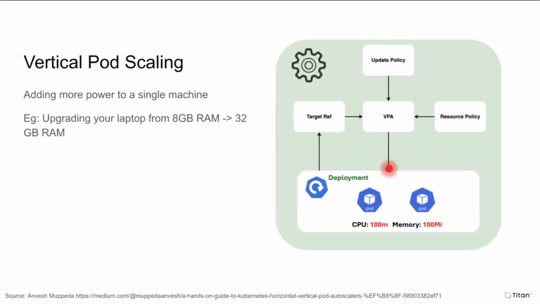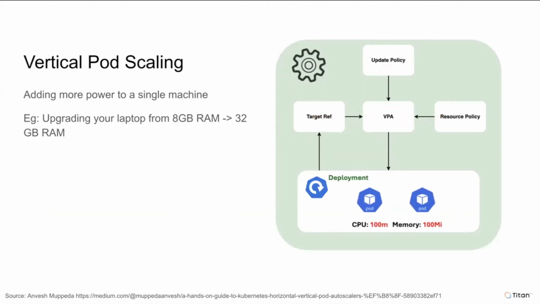So vertical pod scaling is essentially if I have a higher load, I can swap my machine to having a machine that has more memory, more power, whatever it is. This is not the kind of scaling that I'm going to be talking about in this particular example, because what this would mean for AI workloads is provisioning a bigger GPU, which takes time, and it just leads to downtime. It's just not the right way to manage this.